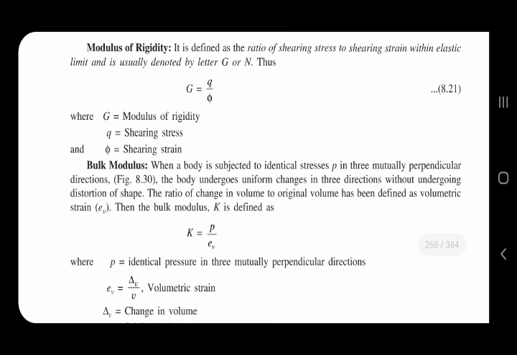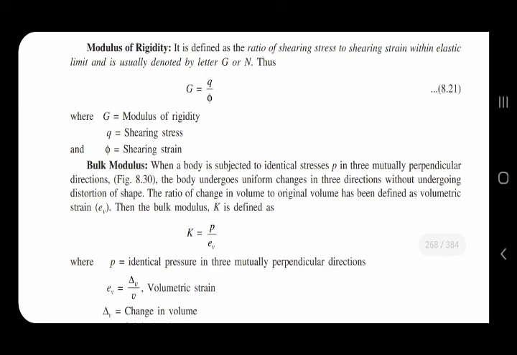One more is there, that is we have to see what the bulk modulus is. When a body is subjected to identical stresses sigma in three mutually perpendicular directions, that is x, y and z, we have to see that the body undergoes uniform changes in the three directions without undergoing distortion of the shape.